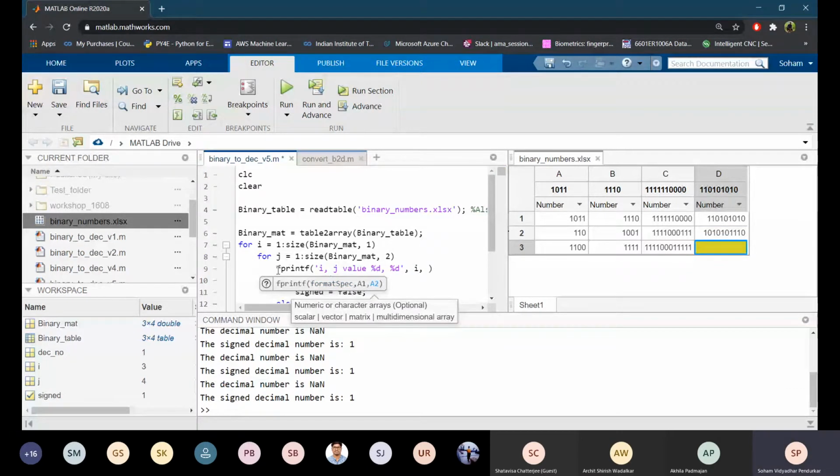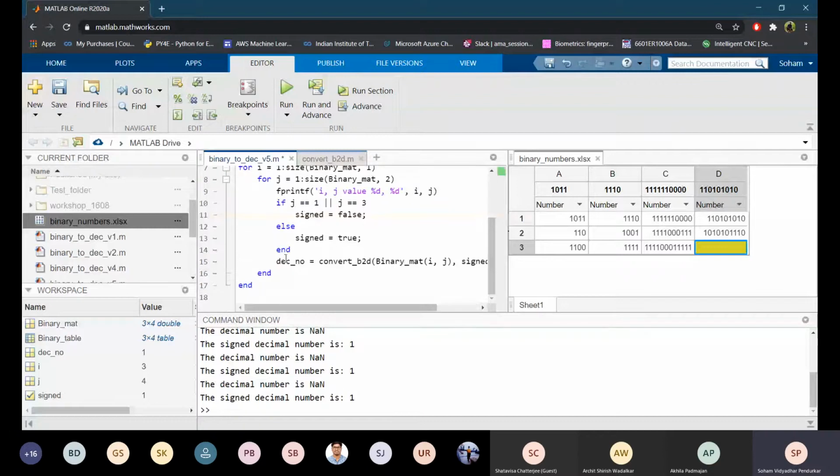Now we'll see what goes wrong. When this loop is being run, if this is the block executed, then signed should come out false and this should come out true. So we'll also print out what the signed variable is here. This is all a part of debugging.